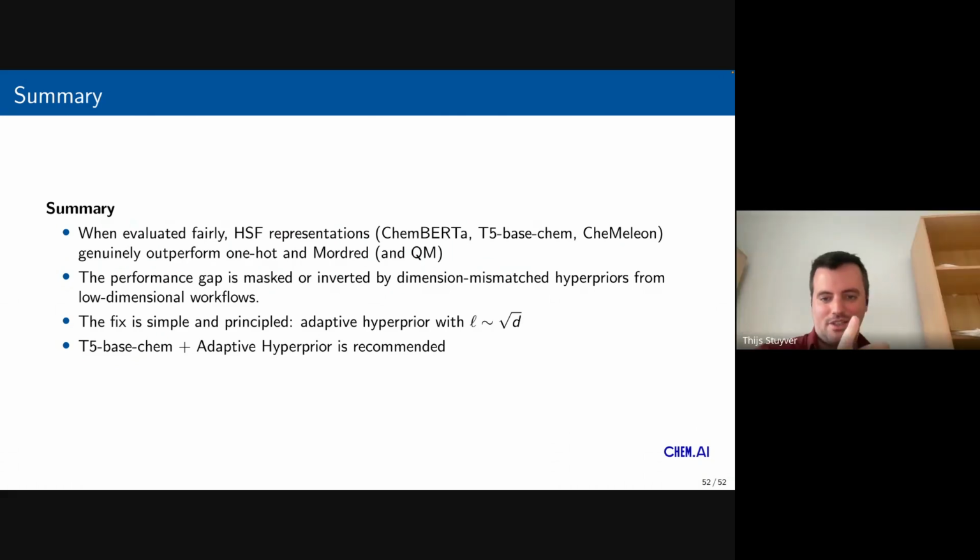Yeah, and I just want to add one more thought to that. It's exactly what we did: we focused narrowly on reaction yield optimization here, and so our offset and our prefactor, the 0.4 and this 4 that we derived from the plot that I showed 10 slides or so ago, that's really the fine-tuning on reaction yield data sets. And so using a general purpose adaptive hyperprior, as Maximilian mentioned, that was one of the entries in some of the heat maps that I showed, the one that was completely blue.